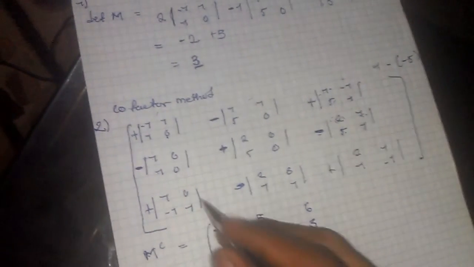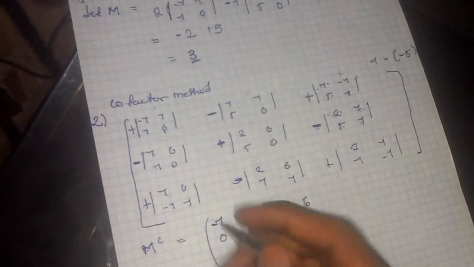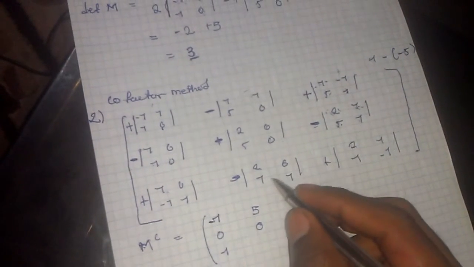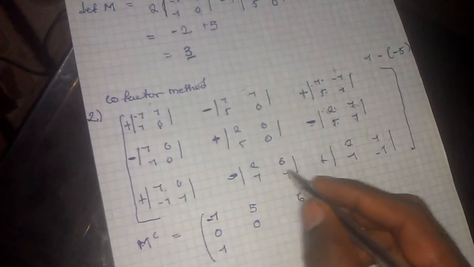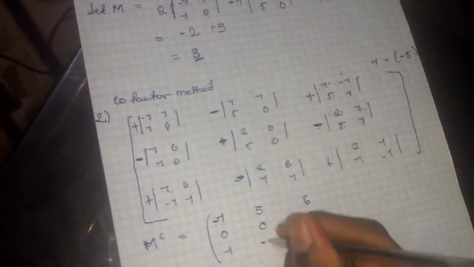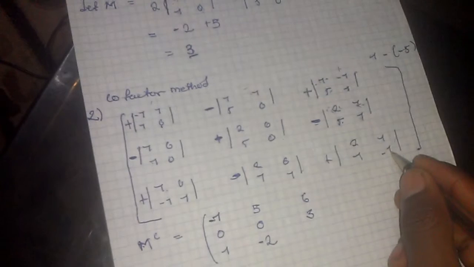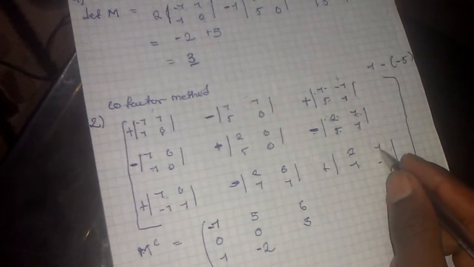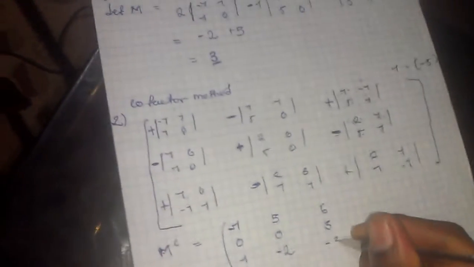And here we have 1, here will give us 0. Here we have 2 minus 2. Here we have negative 2 minus that, so we have minus 3. Okay, this is what we got.